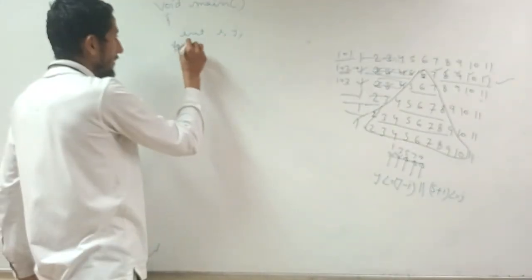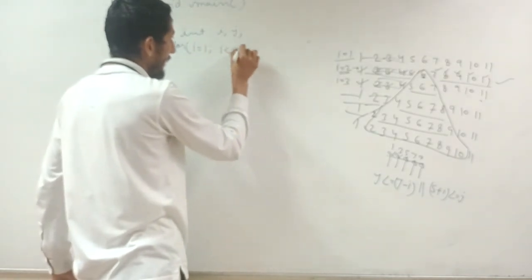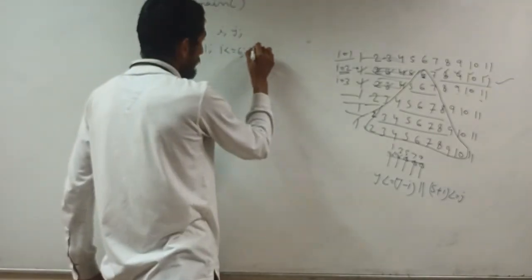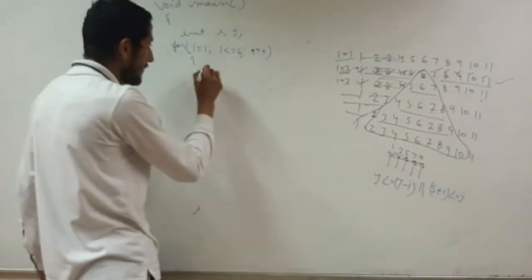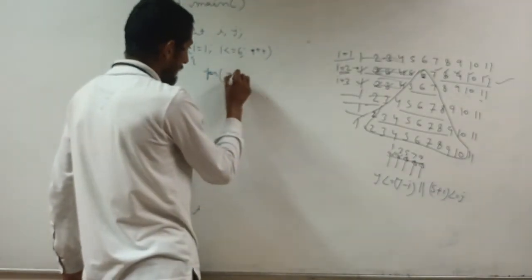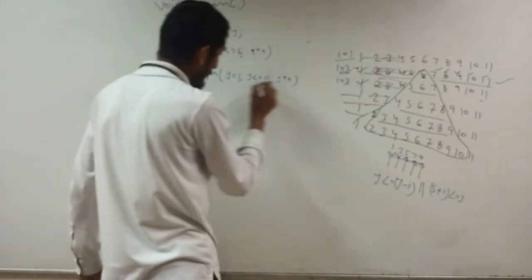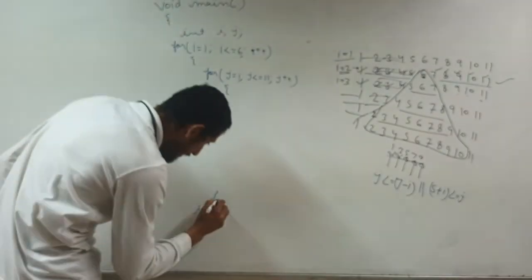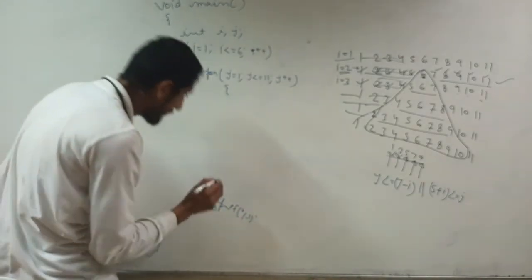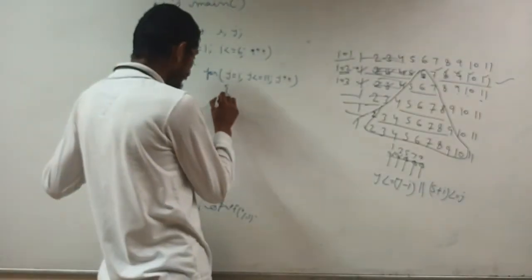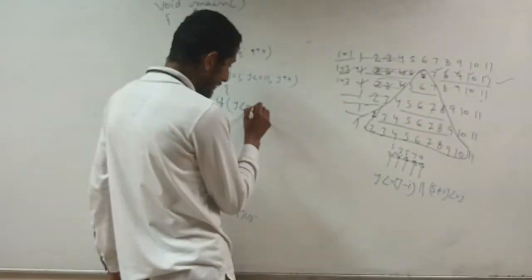So the value of I will vary from 1 to 6 because we have seen that there are 6 rows, and the value of j will vary from 1 to 11 because in every row I have 11 columns. Let me put slash n here, like here.